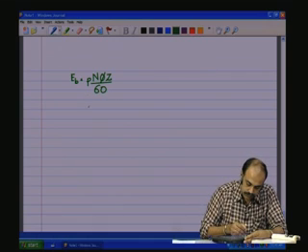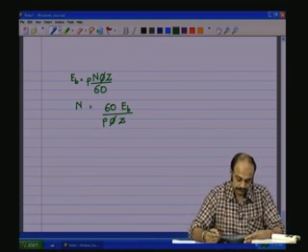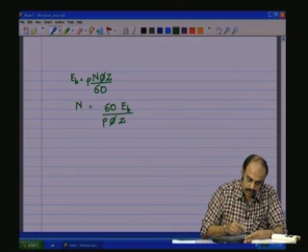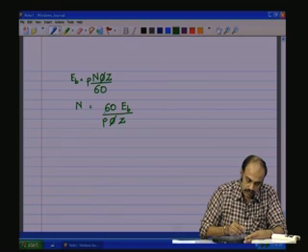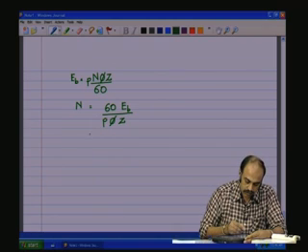N of course is given by 60 into EB divided by P phi Z. This would be the speed of rotation. So, we use this equation to obtain the speed of rotation of the given motor.